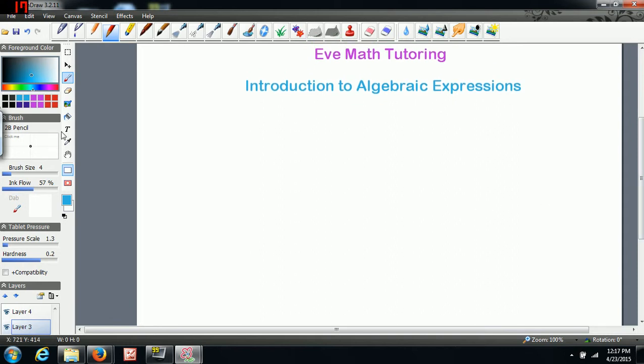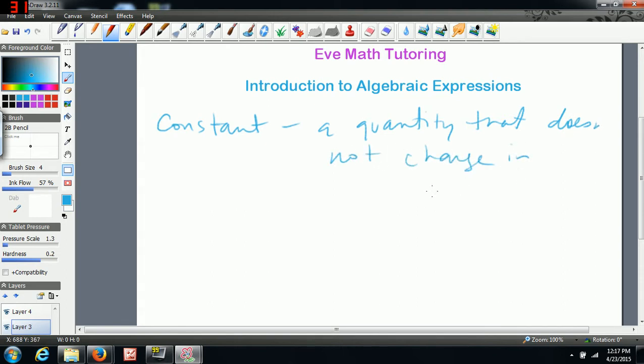Now, in equations, you'll find constants. So what is a constant? A constant is a quantity that does not change in value in a particular problem. Some examples of constants could be 8 or 4 or 5.67 or pi.